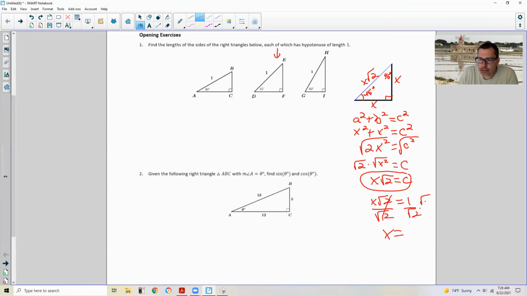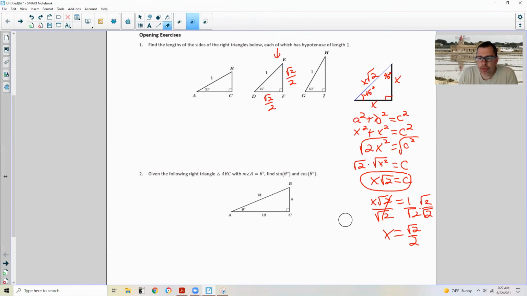And I then rationalize the denominator. Hopefully this is coming back to you. Root 2 times root 2 is 2, and 1 times the square root of 2 is the square root of 2. So both legs are square root of 2 over 2. All right, hopefully this is a nice refresher for you.